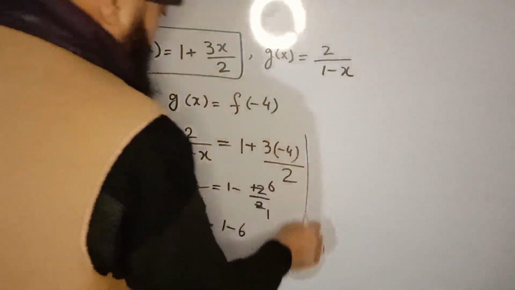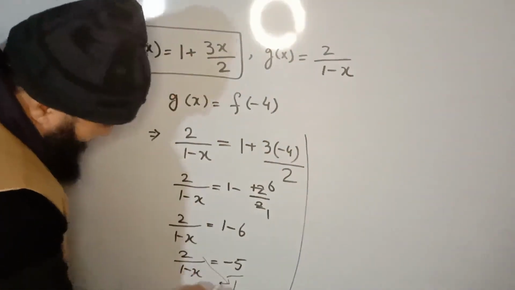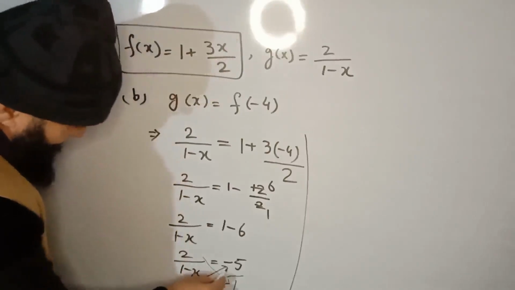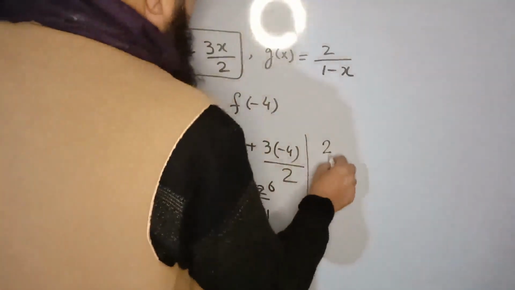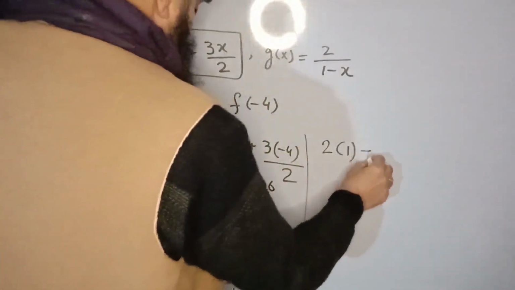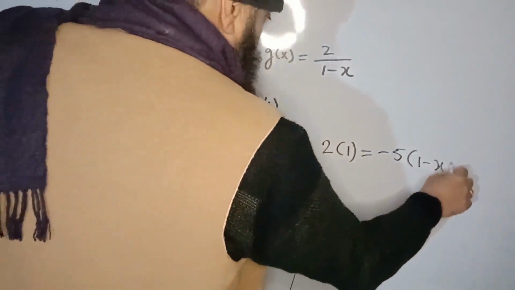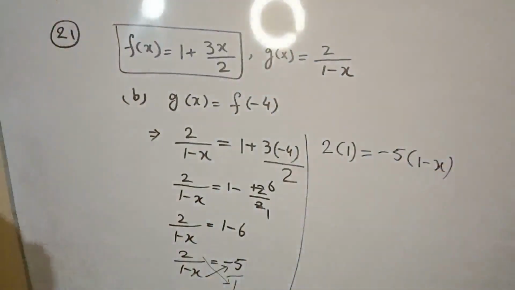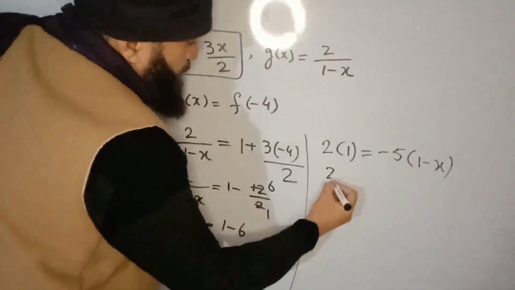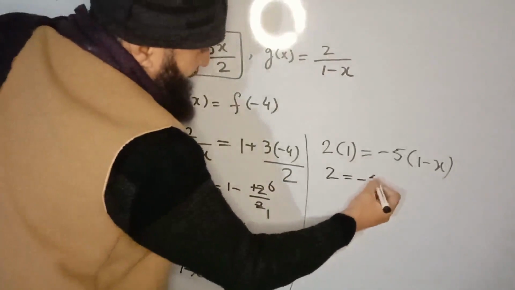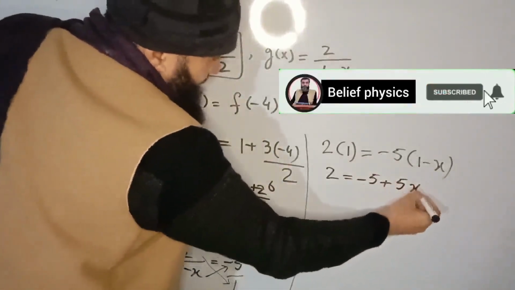Now we have to solve it, simplify it. This is actually minus 5 over 1. So we cross multiply it. 1 is multiplied with 2, and 1 minus x is with minus 5. So we get 2 into 1 is equal to minus 5 into 1 minus x. 2 1s are 2, and this will be minus 5 and minus minus plus, so it will become plus 5x.